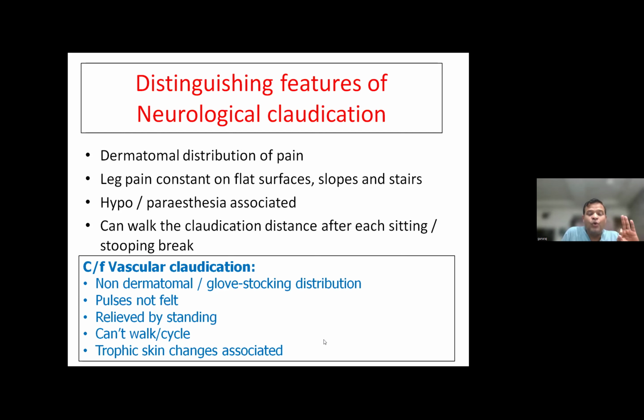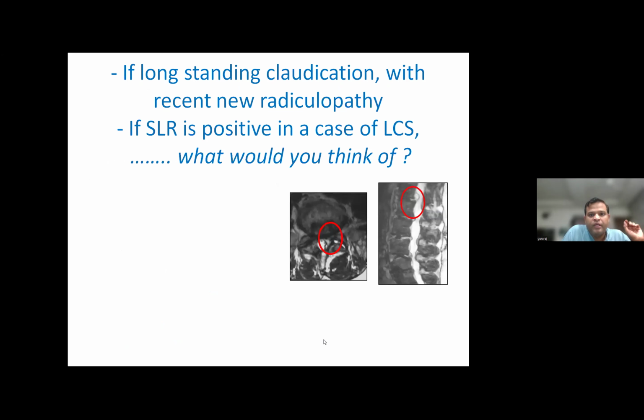It is relieved only by standing. It doesn't require the patient to stoop or sit, they can't walk or cycle, and it's usually a fixed distance. It doesn't progressively reduce, and you can see trophic skin changes in these patients, like shiny skin, hair loss, and maybe tropical ulcers also.